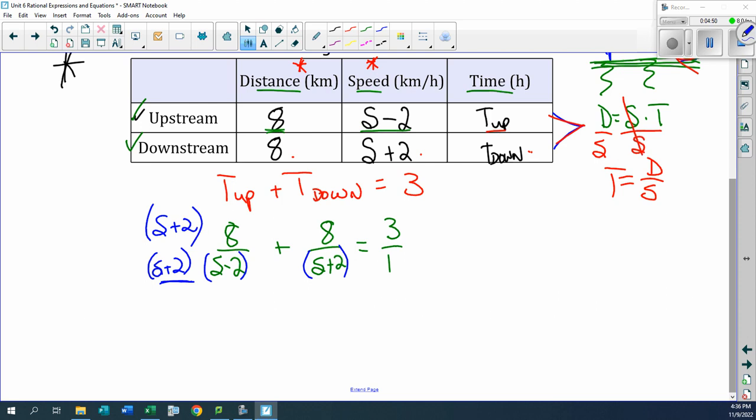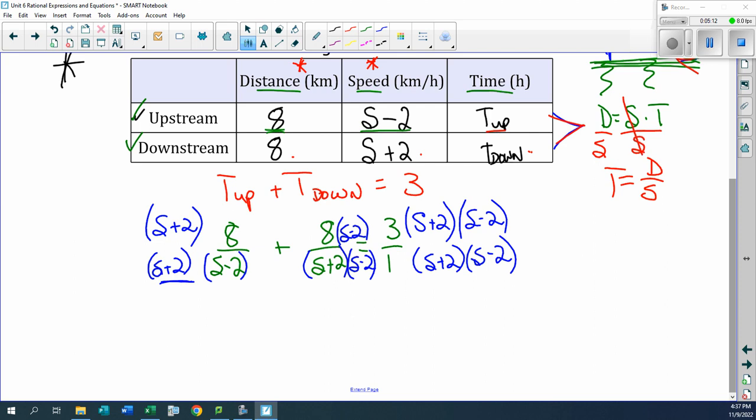Look at this guy right here. What's it missing? Well, this is missing an s minus 2. There's your s minus 2. What's the 1 missing? It's missing both, s plus 2 and s minus 2. Cool. So make sure you put that in the numerator as well, because remember, when you're making your common denominator, what you multiply the denominator by, you multiply the numerator by.